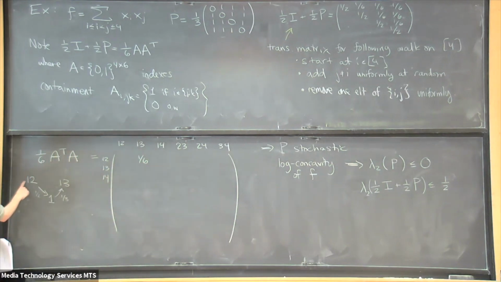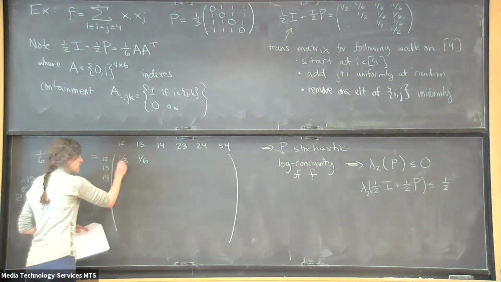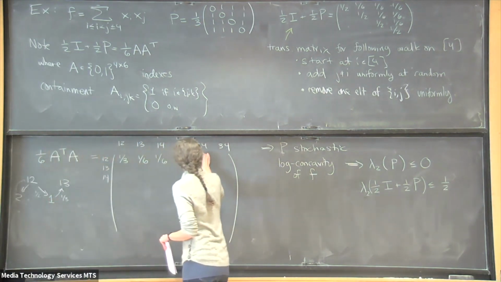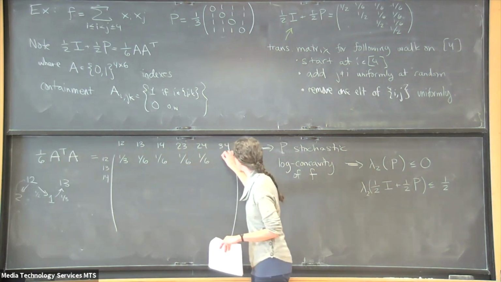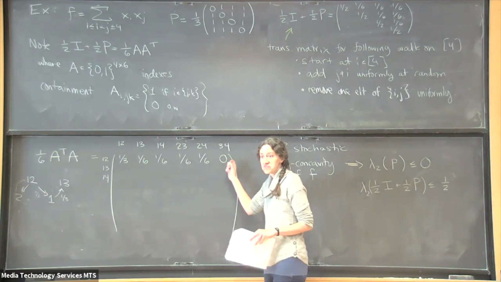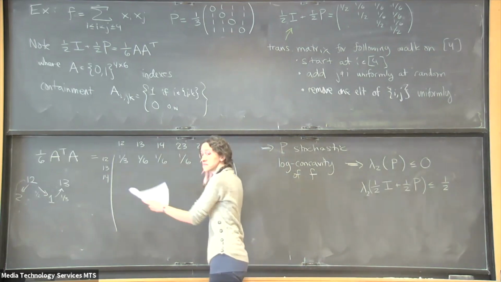I can do it 2 different ways, because I also could have gone through 2. The only one I'm never going to be able to get to is {3, 4}, because they don't share any elements.